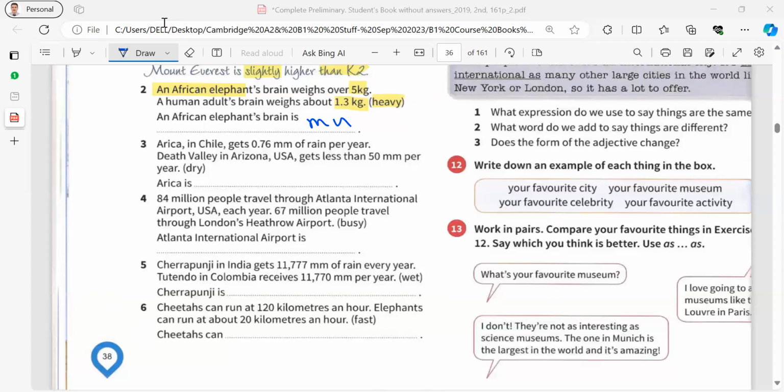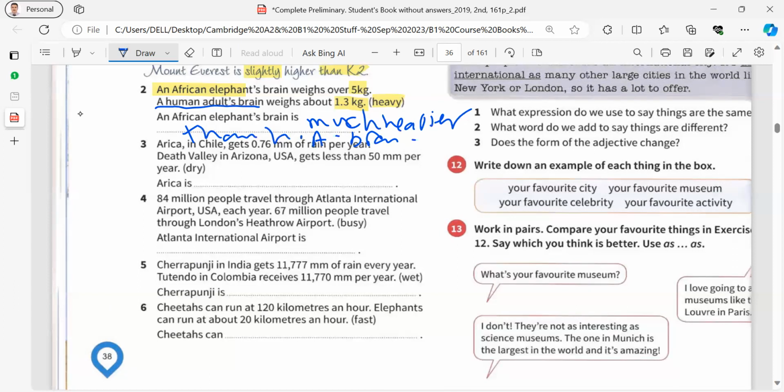Okay, take your time. Much heavier than a human adult's brain. Because there's no space here, just write initials.